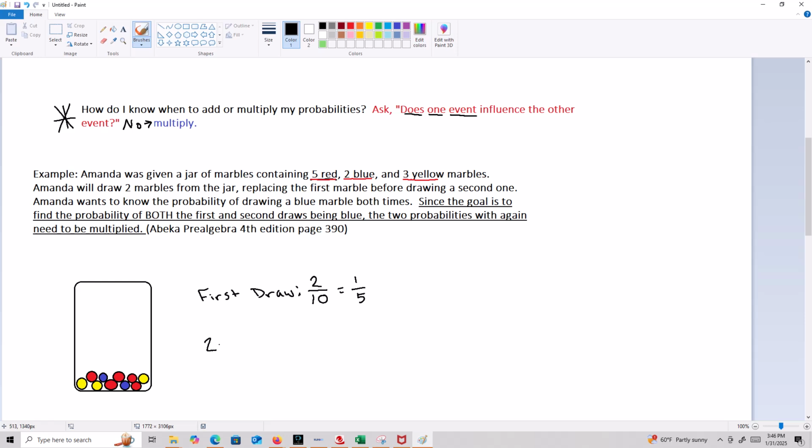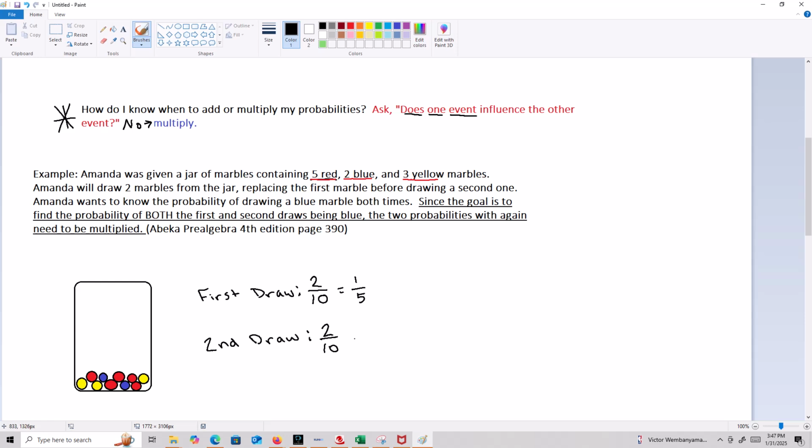So on the second draw, we still have 10 marbles. Nothing has changed. And there would still be 2 possible blues. So the second event is not dependent on the outcome of the first event.